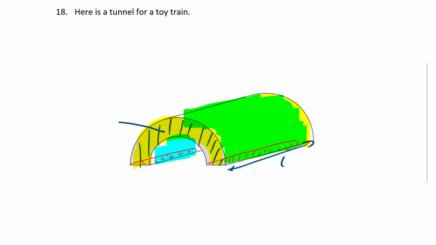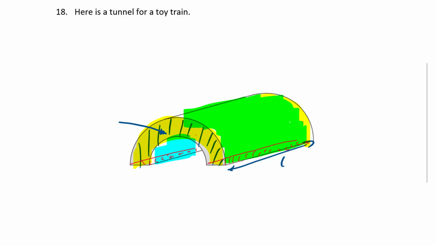So let's start with this bit here then. This kind of C-shaped part. So that is going to be half of a circle with a smaller circle cut out of the middle, isn't it?